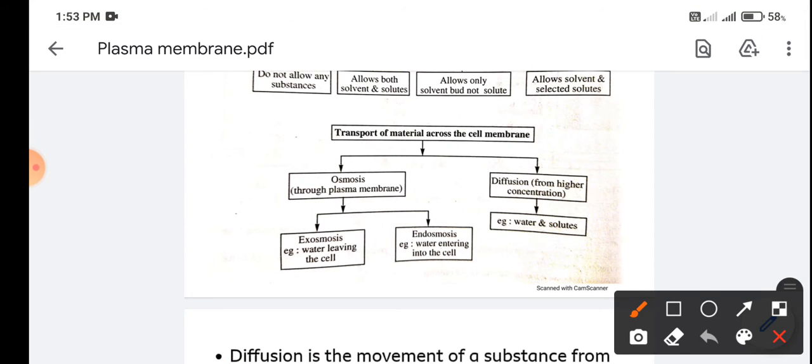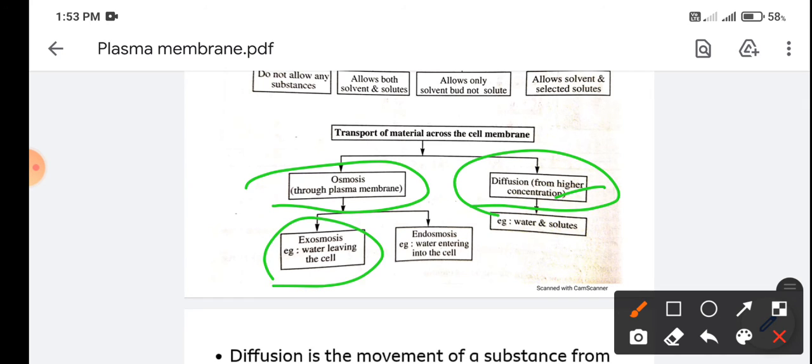Transport of materials across the cell membrane happens by two processes: osmosis and diffusion. Osmosis is of two types: exosmosis and endosmosis. Exosmosis means water leaving the cell.